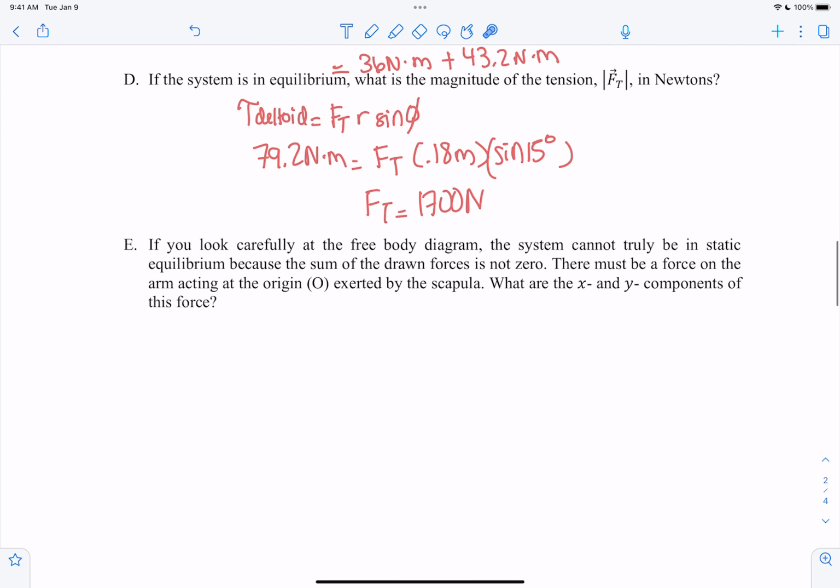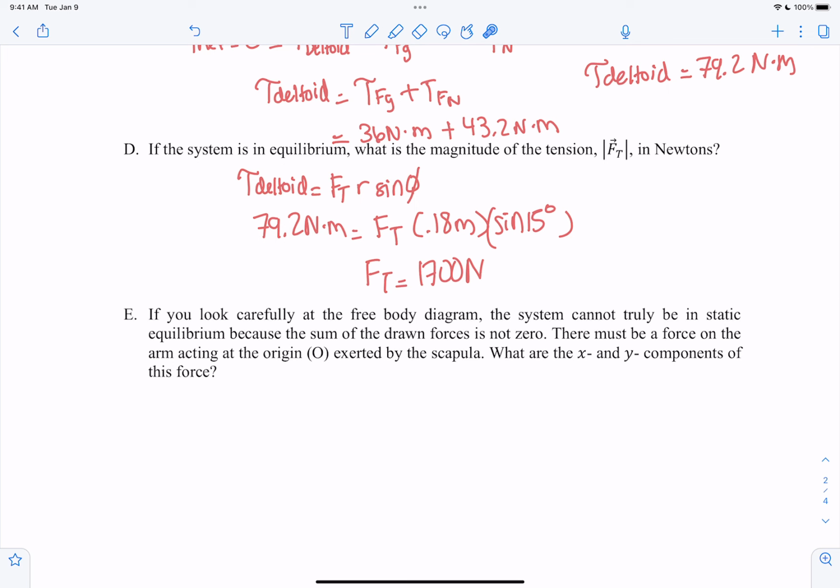So this is just a matter now of setting up F-net equations instead of net torque equations, right? Because we want to figure out how all the forces add up, or how they cancel out to all equal zero at the end and actually give us static equilibrium in real life.